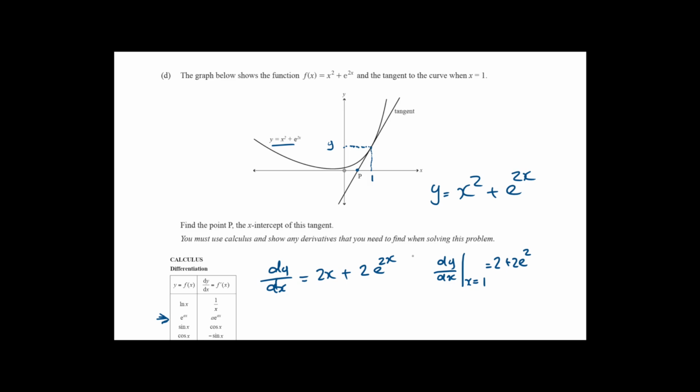Right, so this point here is 1 comma 2 plus 2e squared. All right. Sorry. The gradient is going to be 2 plus 2e squared.